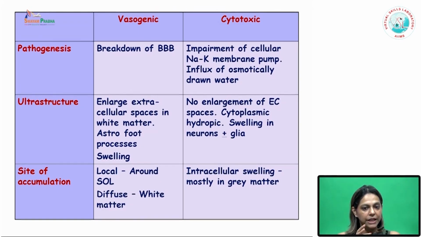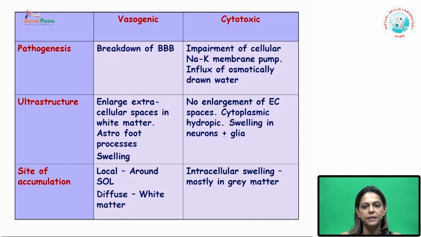In vasogenic edema, there is enlargement of the extracellular space, but in cytotoxic edema, there would be no enlargement of the extracellular space. But individual cells will be undergoing swelling. It can be swelling in the neurons or in the glial cells. In vasogenic edema, you will see accumulation of fluid either around the space occupying lesion or it would be diffuse in the white matter, but in cytotoxic edema, the swelling would be inside the cells.